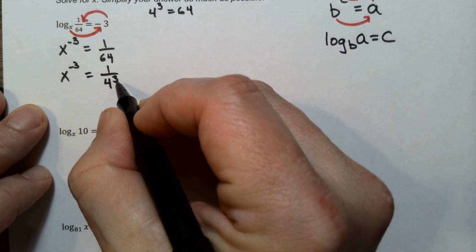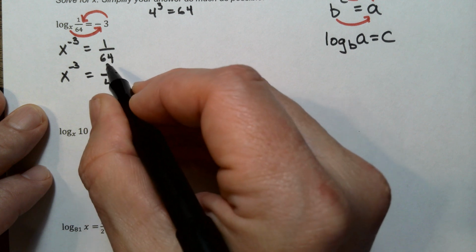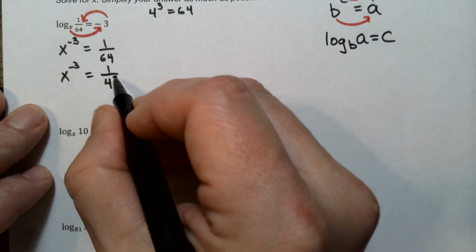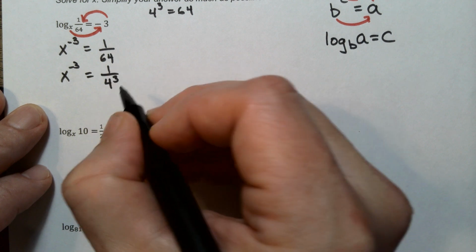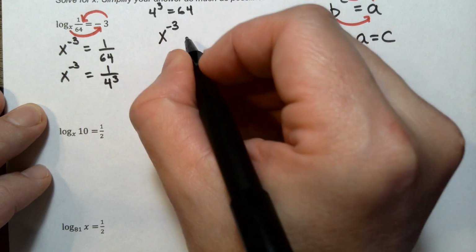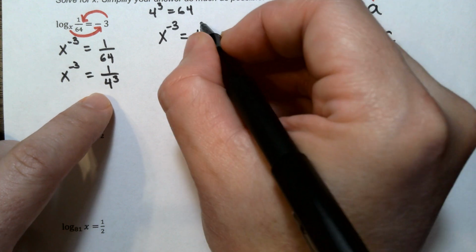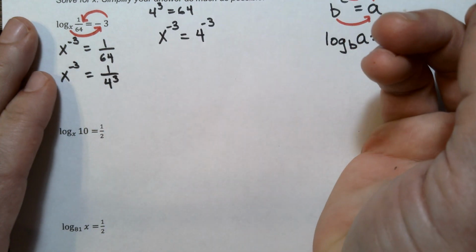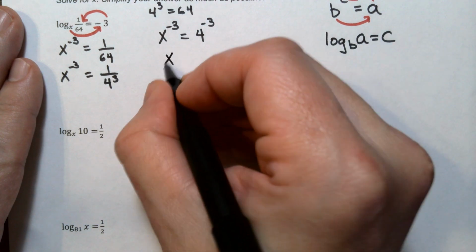Remember that if you want to bring something in a fraction up to the top or down to the bottom, you have to change its sign. So I can bring this 4 up here, but I have to change the exponent to a negative since it's positive. That gives me x to the -3 is equal to 4 to the -3. Since both of them have the same exact exponent, then x has to be equal to 4.